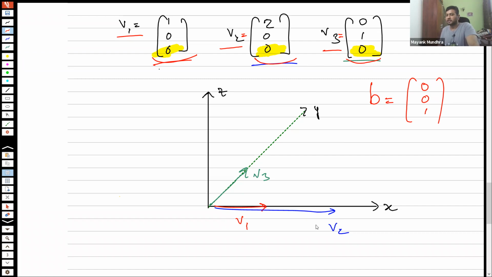So any linear combination of v1, v2, v3, I would never be able to reach b. So anything of the format x times v1 plus y times v2 plus z times v3 equals 0, 0, 1 here would yield no solution.